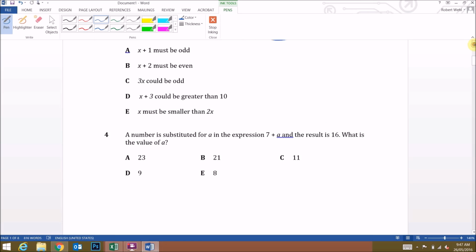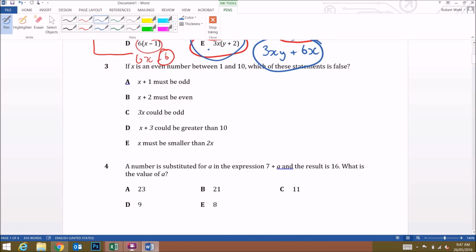Question 3 says, if x is an even number between 1 and 10, which of these statements is false? X plus 1 must be odd. X plus 2 must be even. Okay, that is correct.